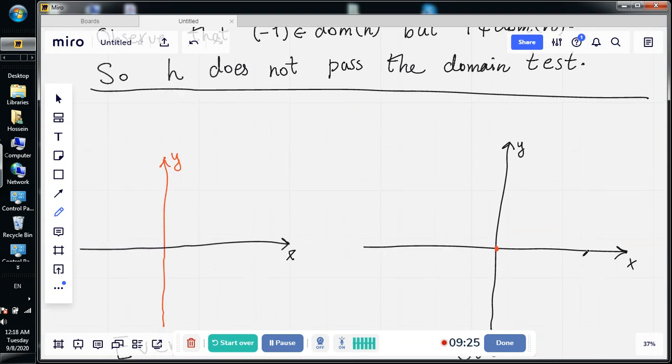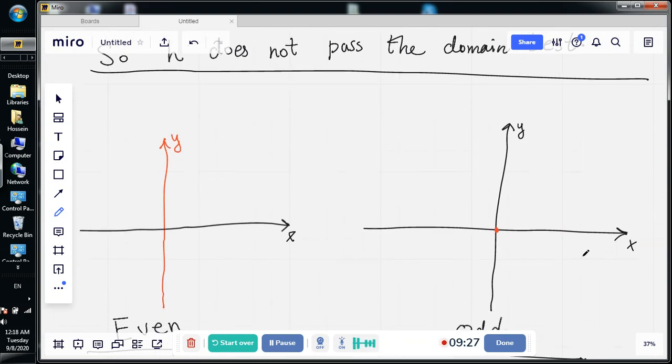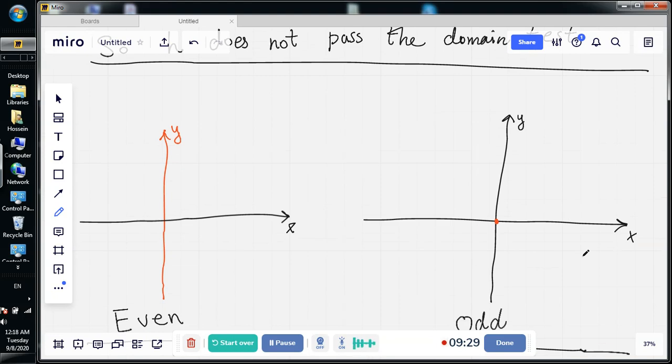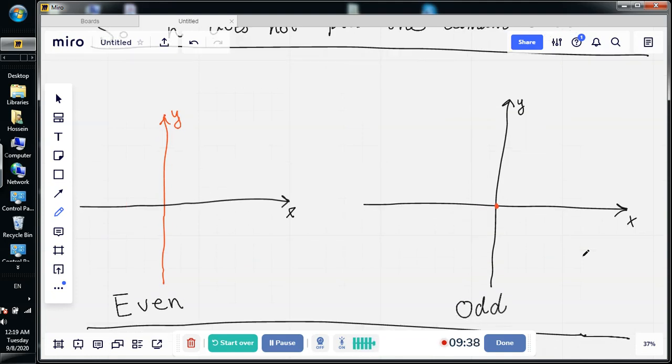Okay, now I want to talk about the symmetry of the graph of even and odd functions. If a function f is even, then its graph is symmetric with respect to the y-axis, as it's mentioned here.